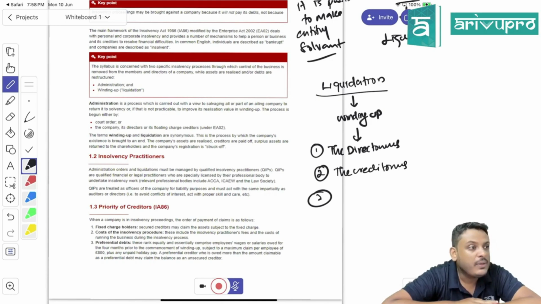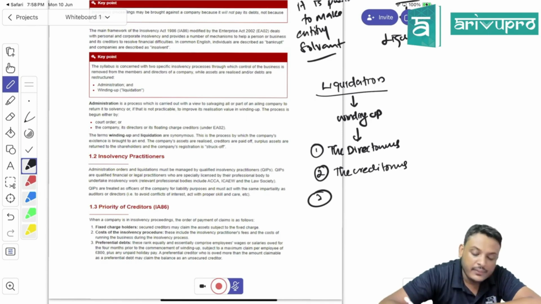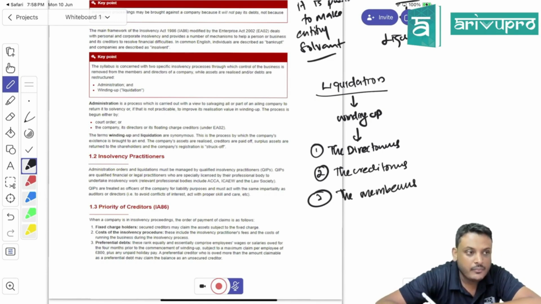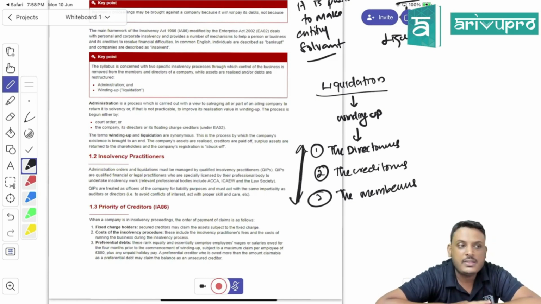So creditors will wait for a certain time, and after that they will start to react. They can put a claim in the courts that the company is not paying debts, and that will also create a winding up procedure. Third one, the members, that is, shareholders. These three parties have the right to decide winding up.